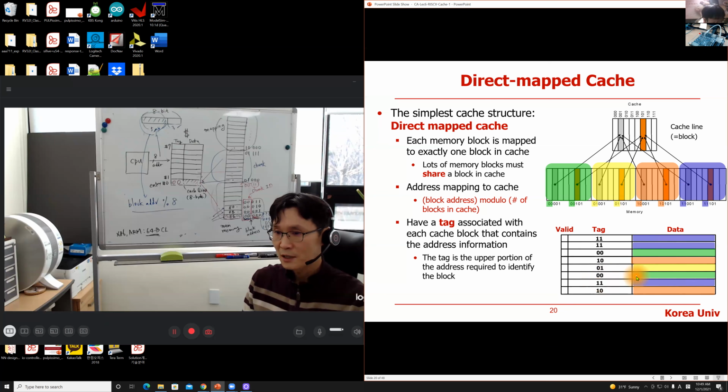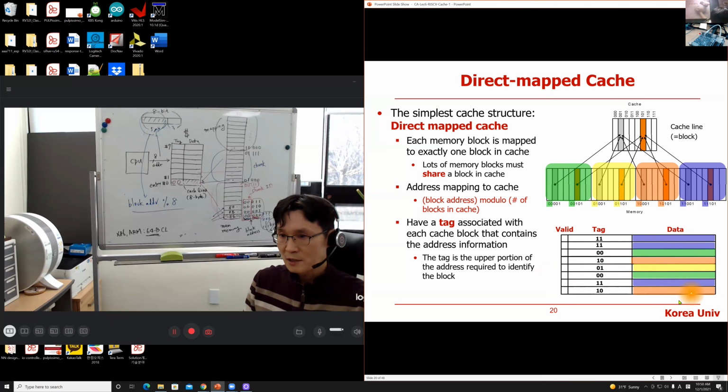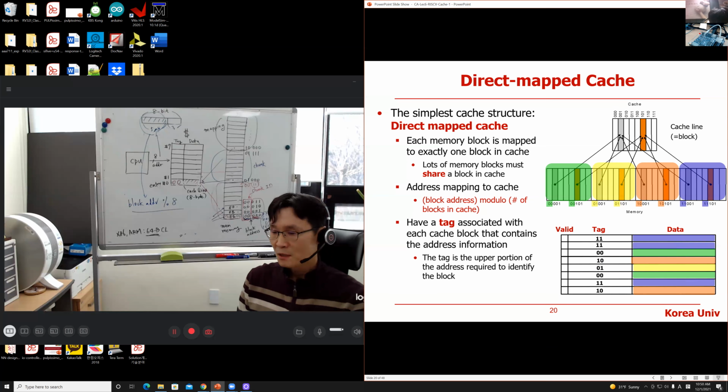And the third cache entry is filled with the third memory block in green, so recorded 00 as chunk ID here. So the cache is populated with memory blocks from many different chunks. Does it make sense?